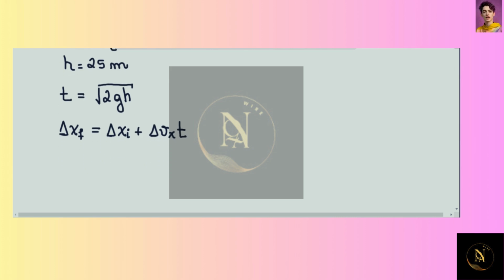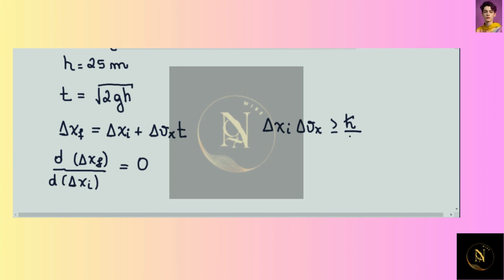So if you want this to be minimum, then we have to differentiate it. I'm going to differentiate it with respect to delta xi, and we want this derivative to be 0, because then we're finding a minimum of the uncertainty. Now notice that according to Heisenberg's uncertainty principle, we have that delta xi times delta vx is greater than or equal to h bar over 2.